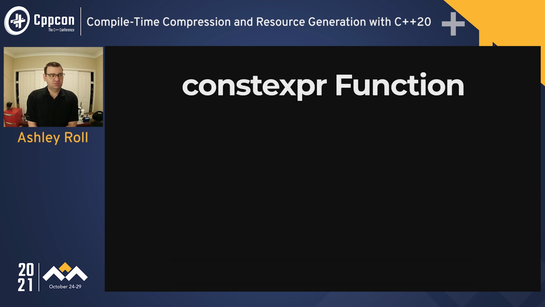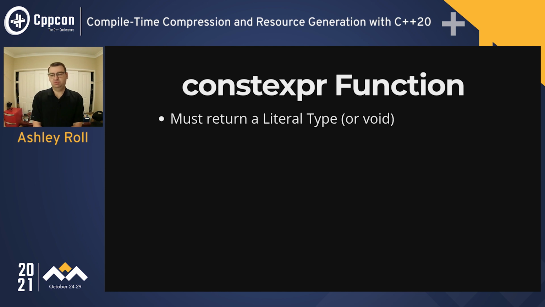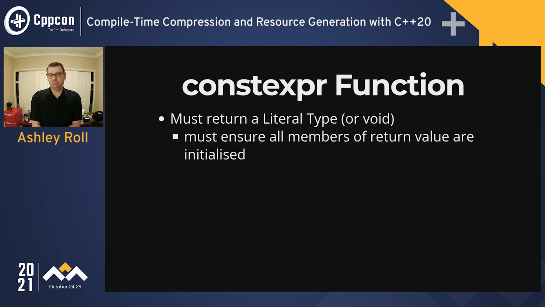Constexpr functions is where the real fun is. They must return a literal type or void. So if you have a constexpr method in an object that does some work, it can do that. It doesn't have to return a value. It must ensure that all members of any return value are fully initialized.